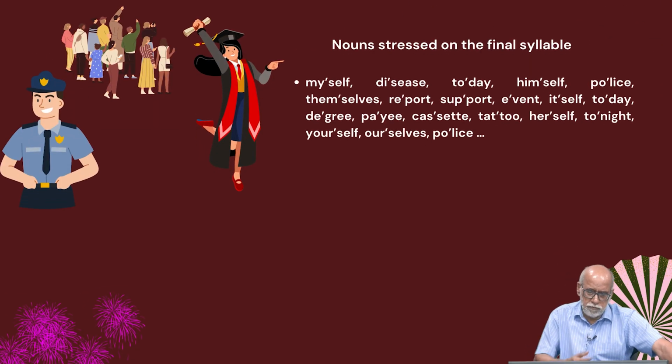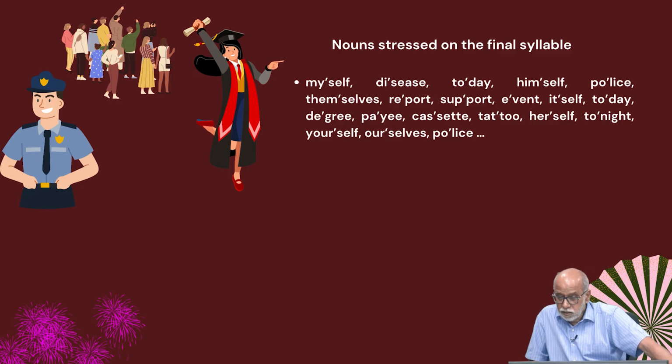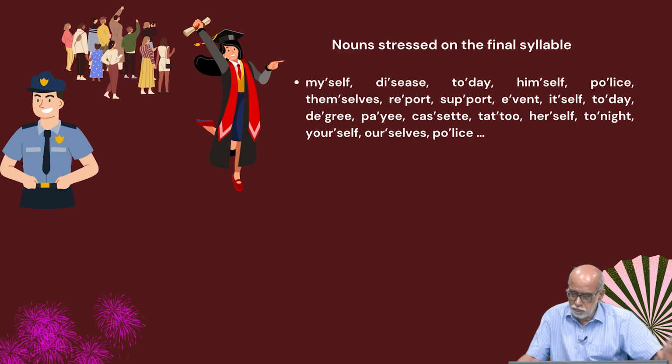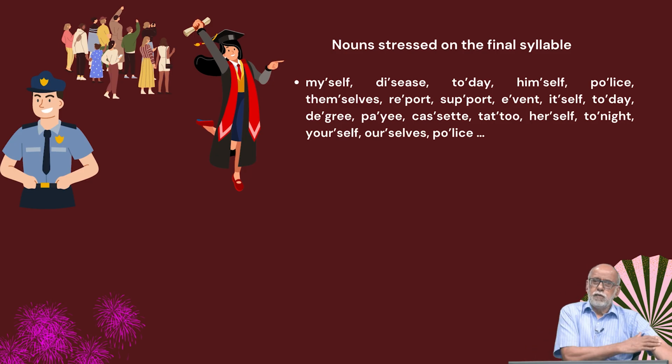So myself, disease, today, himself, police, balloon would also come into this category. This today, degree, payee, cassette, tattoo, herself, tonight, yourself, ourselves, police, all of these words are nouns, yet they are stressed on the final syllable.